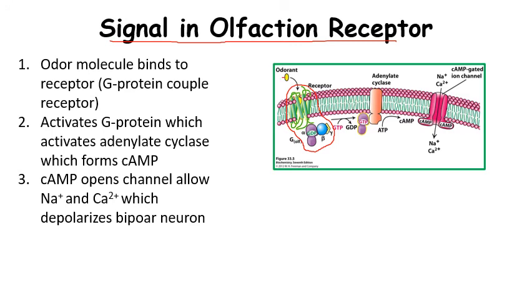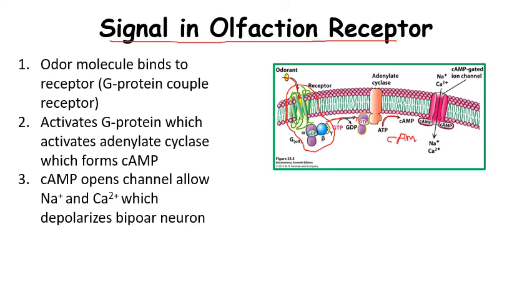The odor molecule is dissolved in that mucus and comes and binds to the receptor. That's going to activate the G protein, and the G protein then activates adenylate cyclase. So that's going to be acting through that second messenger system of cyclic AMP.